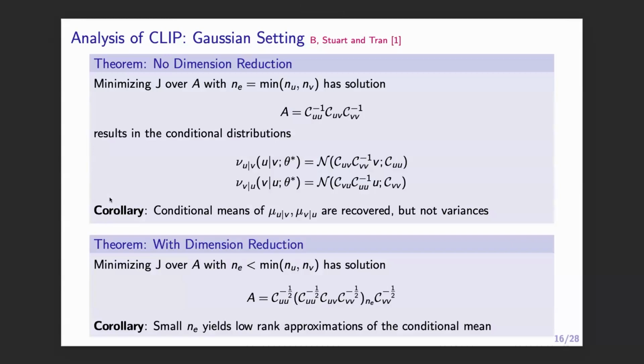And what we found is the following. If you minimize the original objective over this matrix, then you get something fairly interpretable.